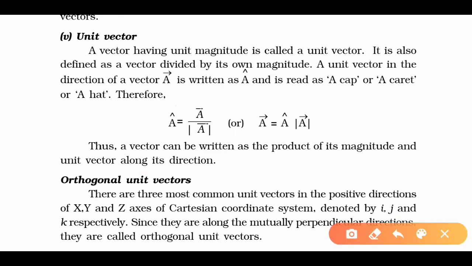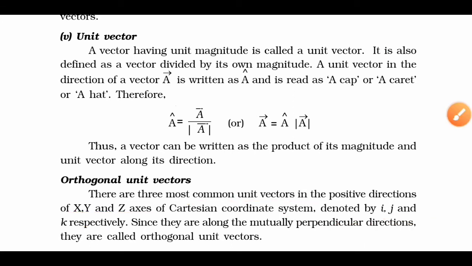Next, orthogonal unit vectors. They are the most common unit vectors in the positive directions of the x, y, z axes of the Cartesian coordinate system, denoted by i, j, k respectively.